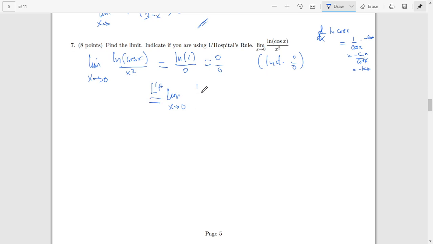So the derivative above would be the same thing as negative tangent of x all over, if I differentiate what I have below here, 2x.